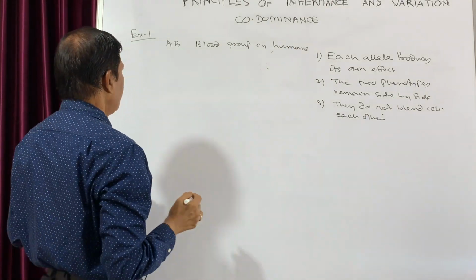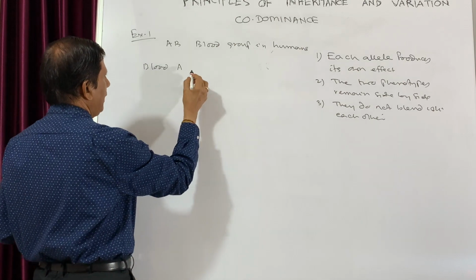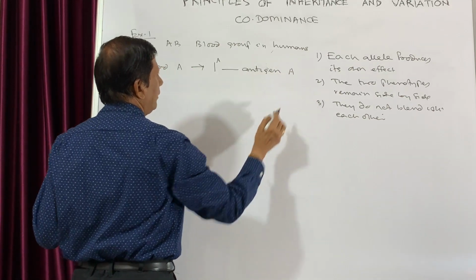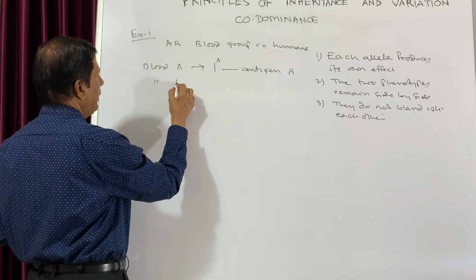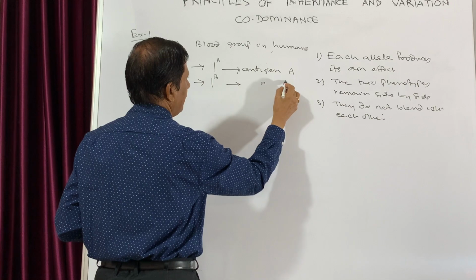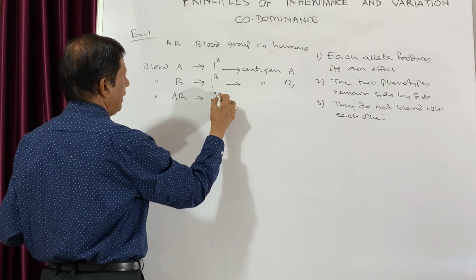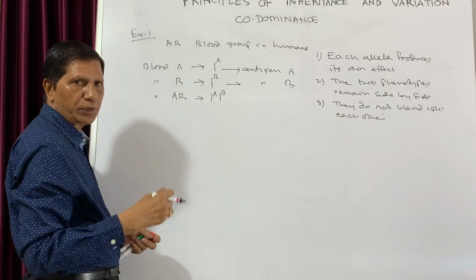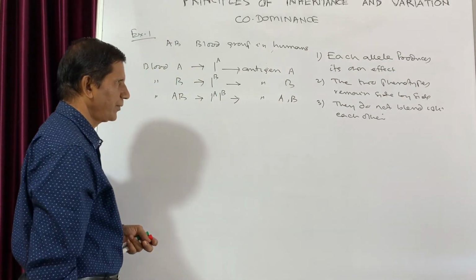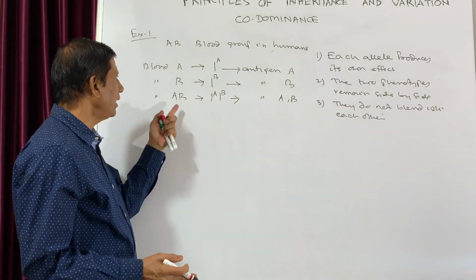We all know that for blood group A, the gene is IA and it produces antigen A. If the blood is B, then it's IB and it produces antigen B. In blood group AB, it is IA and IB, where A and B are superscripts. The antigens are both A and B. That means both IA and IB express themselves simultaneously in the AB blood group.